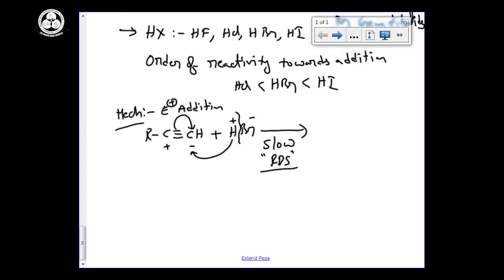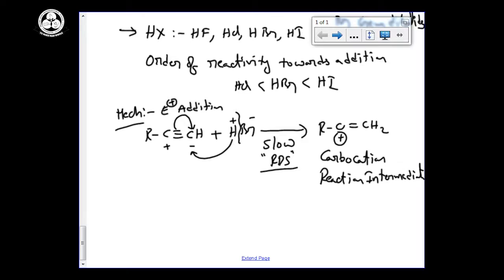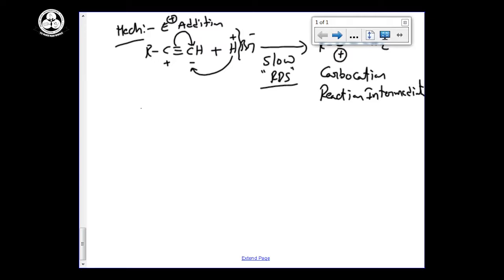For suppose I am adding hydrogen, then we can get RC double bond CH2. Now this is plus, so this is a carbocation. This is our reaction intermediate. Many times I told you, if the reaction intermediate is a carbocation, there is a chance for rearrangement.